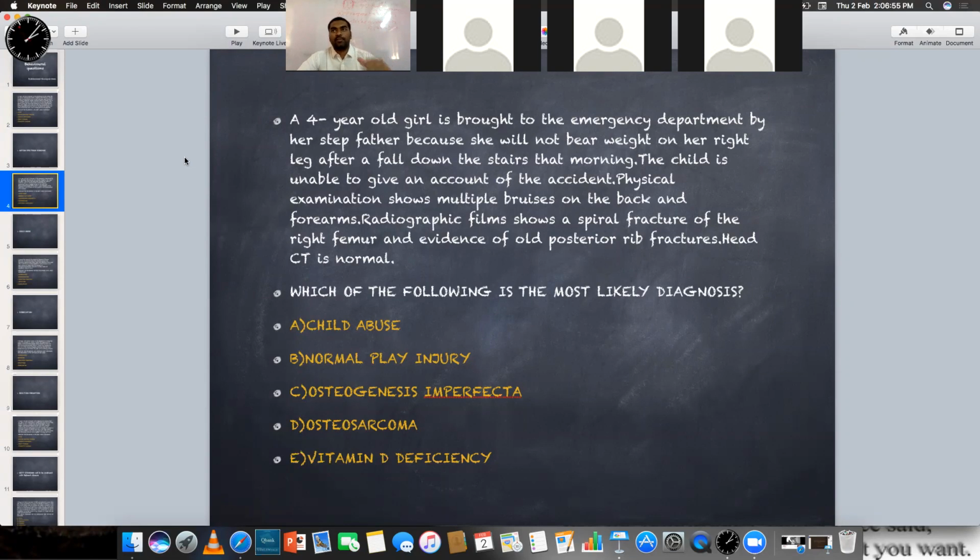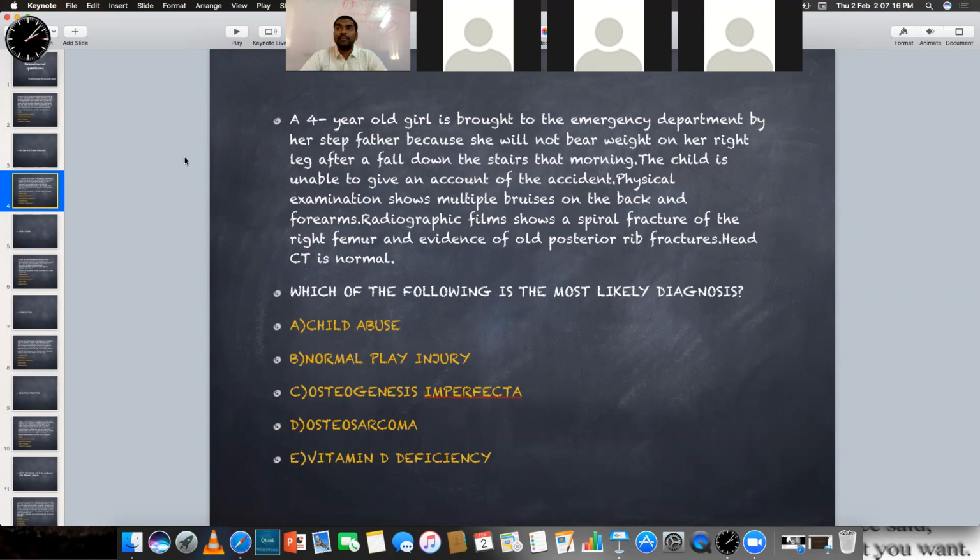Old posterior rib fractures, now a leg fracture, multiple bruises. Even if you can't prove that this was child abuse, suspecting that it could have been is enough for you to make the diagnosis. So this is child abuse.